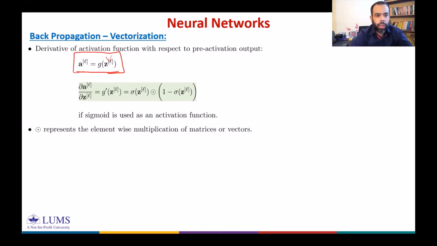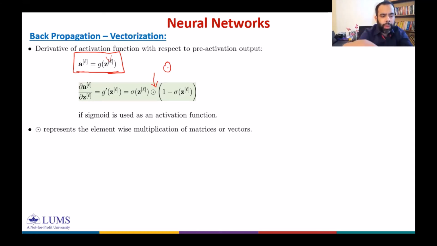And when I take the derivative of sigmoid, we know that it is sigmoid times 1 minus sigmoid. If we have vectors, we want element-wise multiplication. So I have introduced this operator here, this circular dot. This represents the element-wise multiplication of vectors, right?